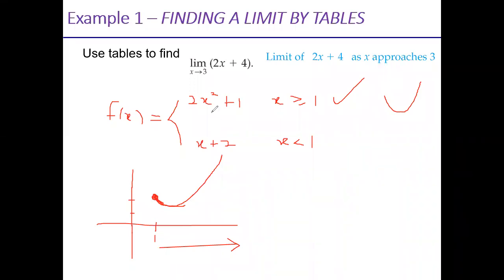Let's find the value of f of x at the point 1. So f of x at the point 1 will be, if x equals 1, then for this function here, this will be 2 times 1 squared plus 1. So that will be 3. Okay, so which means the value here is 3.